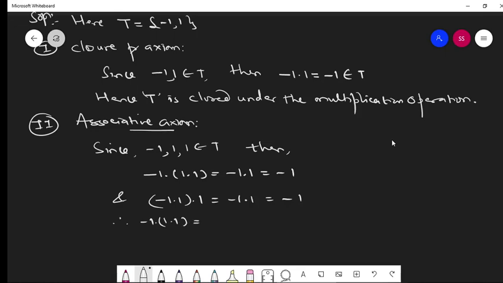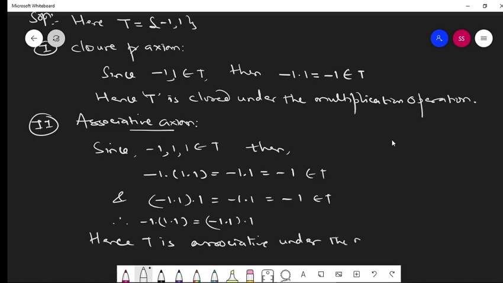We obtain the same result, and both belong to the same set. Hence T is associative under the multiplication operation.